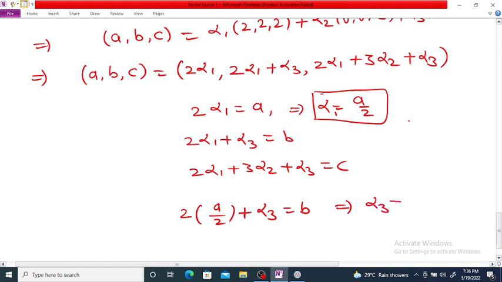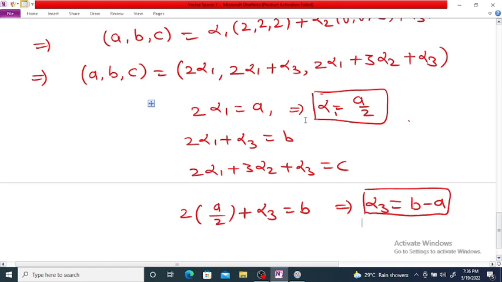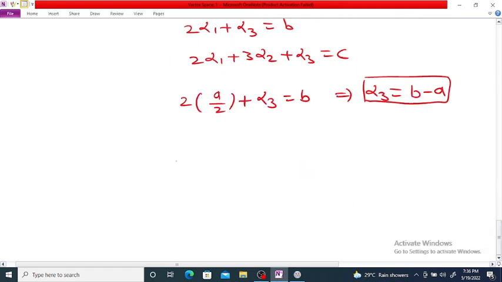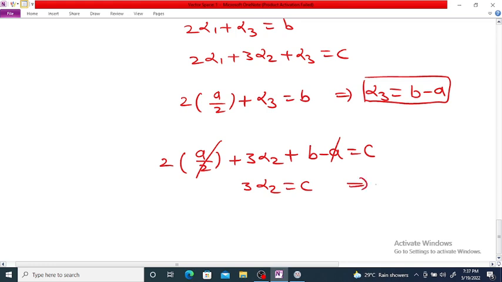So alpha 3 is equal to b minus a, and if we substitute alpha 3 and alpha 1 in the third equation, we get a plus 3 alpha 2, which we want to determine, plus b minus a is equal to c. So plus a and minus a will get cancelled here, and 3 alpha 2 is equal to c minus b. So alpha 2 is equal to (c minus b) divided by 3.